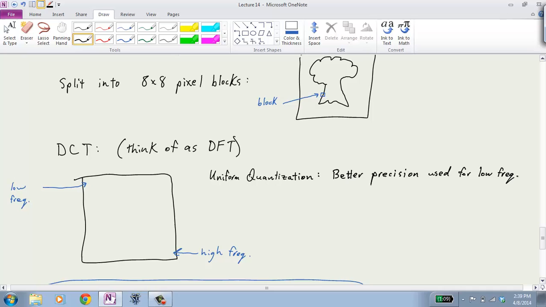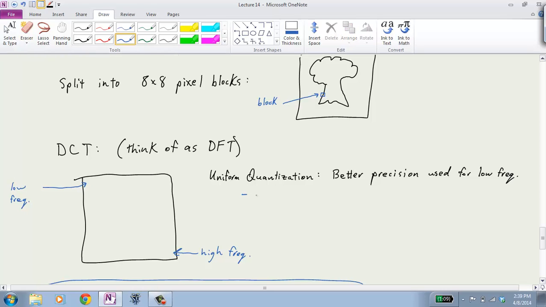By better precision, we mean essentially use more bits to quantize over here and use fewer bits here. If you use fewer bits, you have more spaced out quantization points. If you remember our quantization discussion, you're going to be introducing more noise. But that's by design, right? Because we're assuming noise here can be tolerated more than noise here. Okay. Technically, the way you do this quantization is very simple.